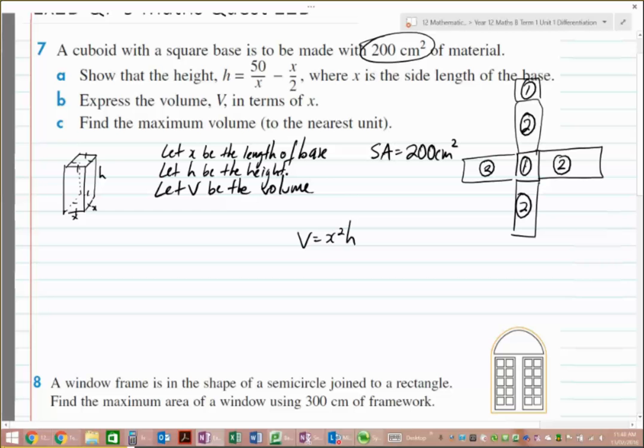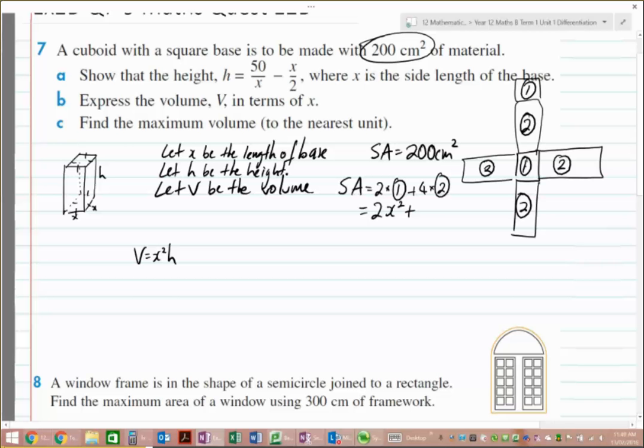If I'm calculating the surface area, I've got 2 lots of whatever shape 1 is, plus 4 lots of whatever shape 2 is. The area of shape 1 is just the area of the base, which is x squared, but I've got 2 lots of them.